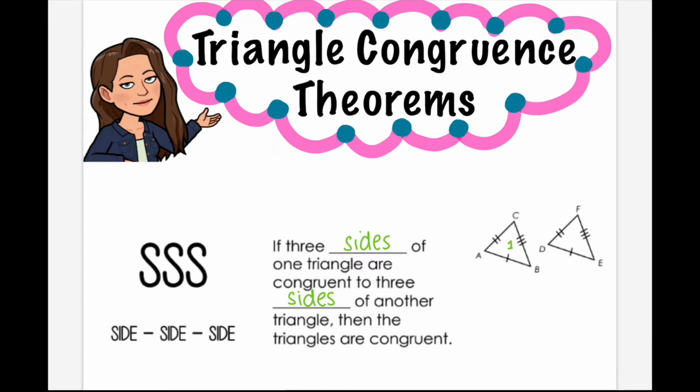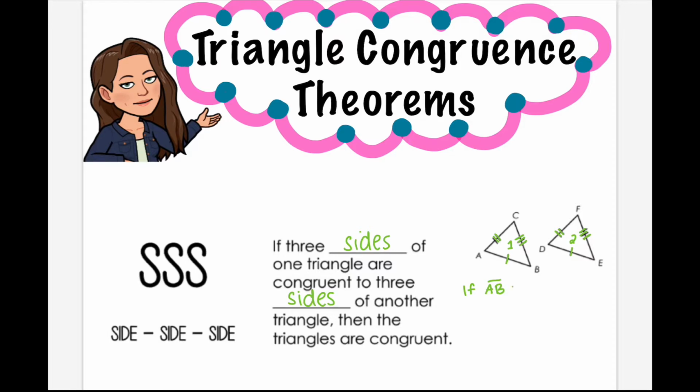We have an example here where the first triangle, I'll label it triangle 1, has sides with 1 tick mark, 2 tick marks, and 3 tick marks. Those correspond to triangle 2, where side AB is congruent to side DE, side AC is congruent to side DF, and side CB is congruent to side FE.